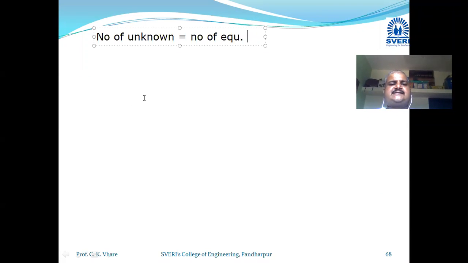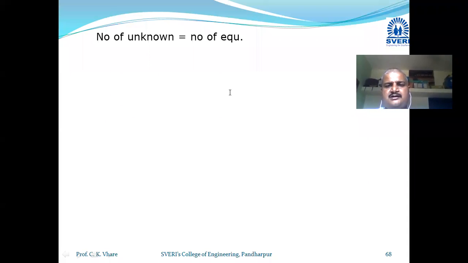What it means is, if you have only one unknown, then there should be only one equation. If there are two unknowns, then there should be two equations. If there are three unknowns, then there should be three equations. That is the rule of mathematics.